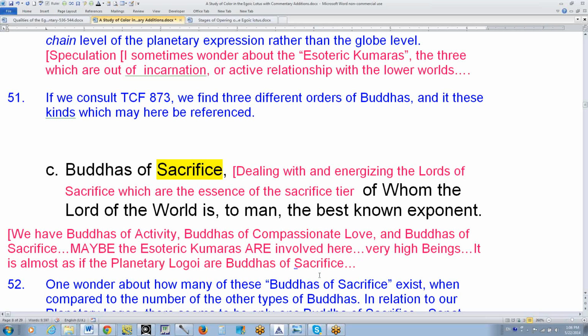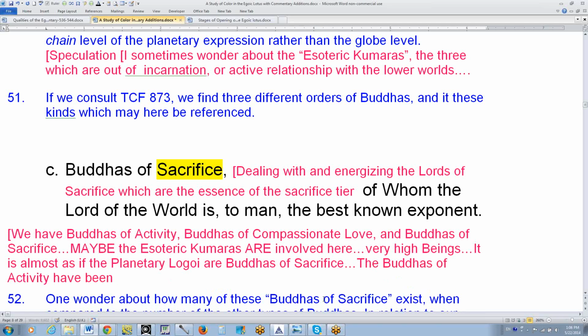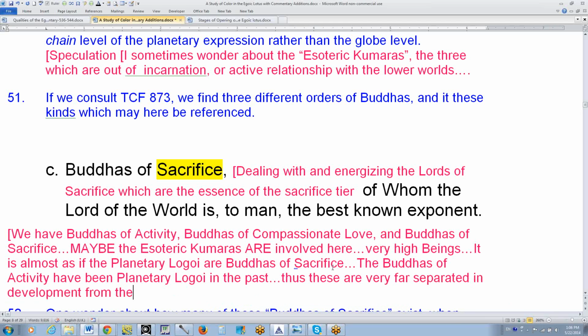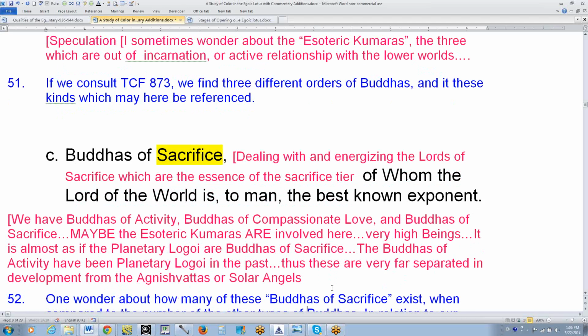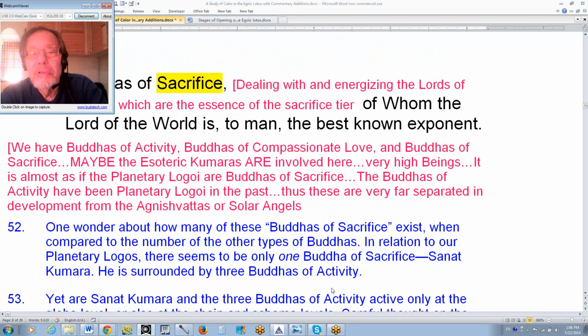And the Buddhas of activity have been planetary logoi in the past. And thus, these are very far separated in development from the Agnishvattas, or solar angels. Because it's the many solar angels together, a grouping of maybe 49, that become together a planetary logos.